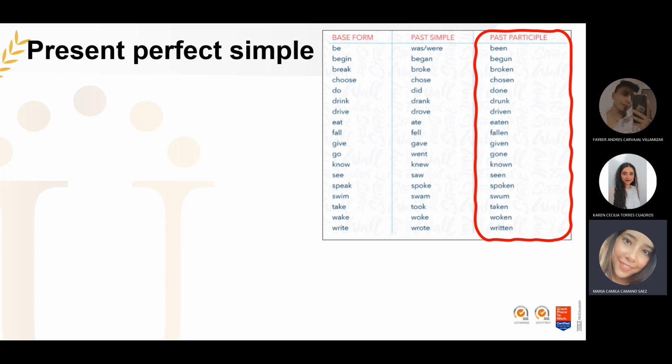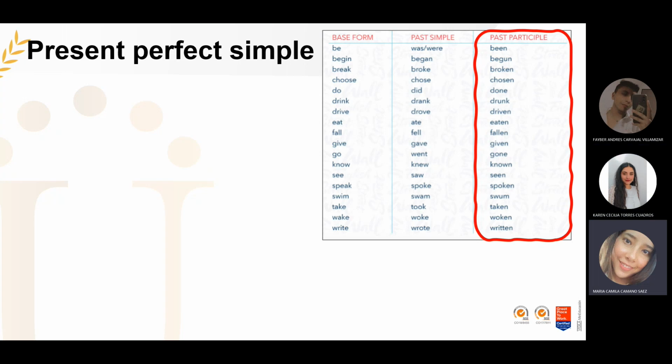But this list of verbs is about irregular verbs, because with regular verbs, when we are using the past participle, we have to add ed at the end of the verb. For example, walk.